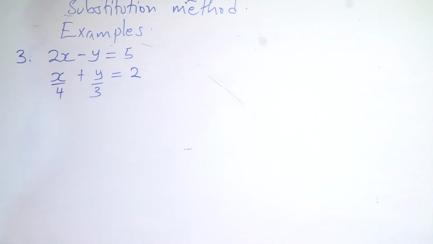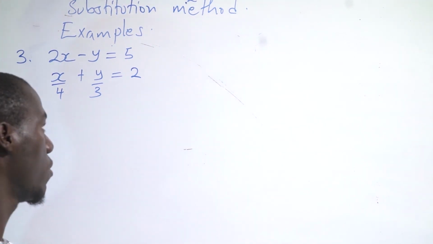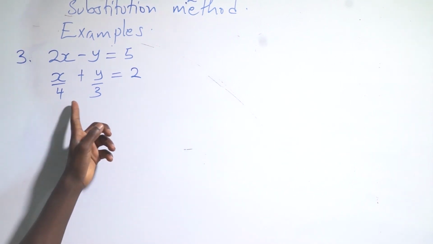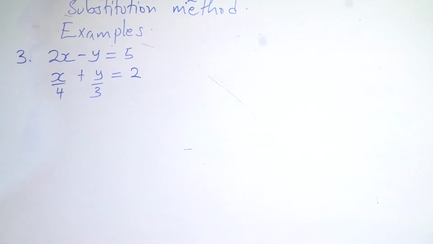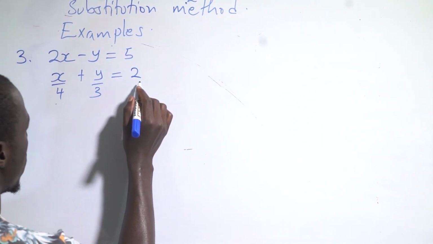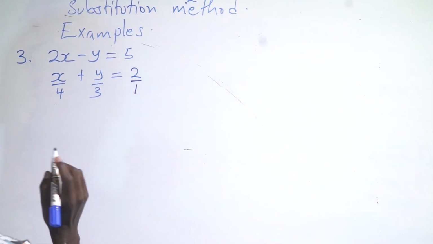So this would be equation 2 as fractions. So we can first of all eliminate those fractions by getting the LCM of the denominators and multiplying it throughout. So the LCM of 4, 3, and 1 is 12.